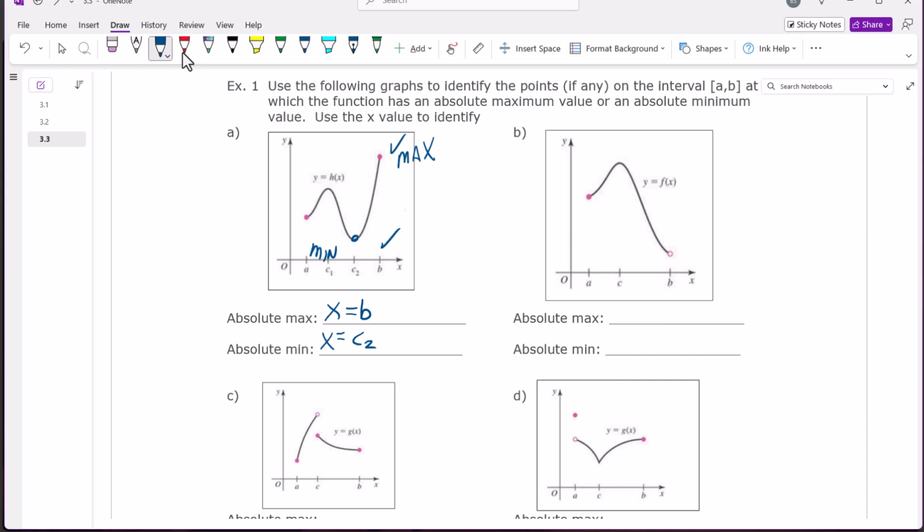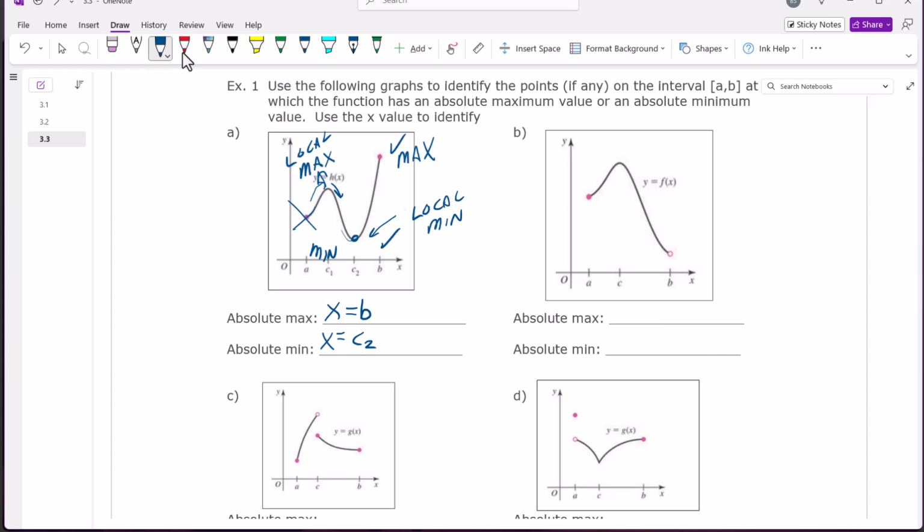Okay, now these things right here, like this point here, would be a local maximum. A local max is where the graph changes from increasing to decreasing. This point right here would also be a local minimum because the graph changes from decrease to increase. This point right here is nothing.